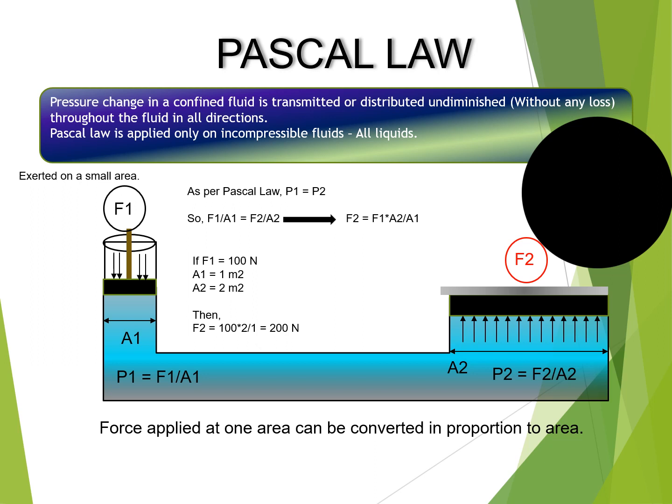But as we have just seen that Pascal says P1 is equal to P2. The pressure is same throughout the area. So that means F1 upon A1, this is the pressure, is equal to F2 upon A2.